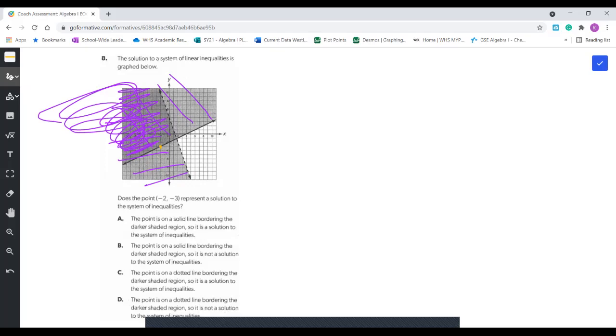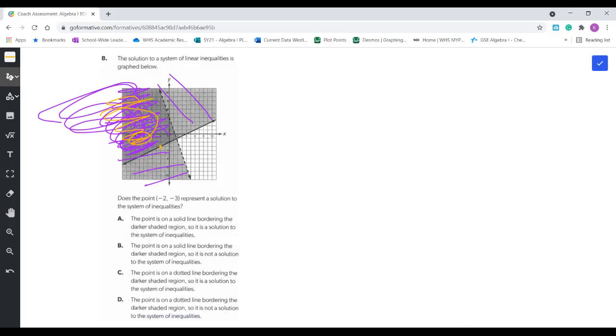That means it's part of the solution set, because anything on the line or in this region is a part of the solution set. Let's see, it says the point is on a solid line bordering the darker shaded region. So it's the solution to the system of inequalities, yeah.